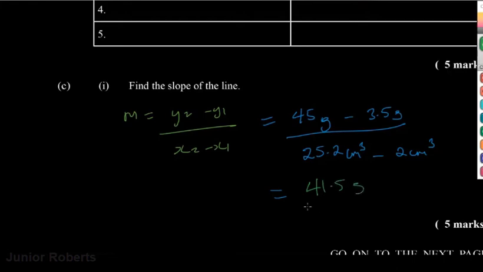And what would this be equal to? 23.2, right? 23.2 centimeter cube. So what I'll ask you to do now is to simply divide this out and tell me what you get. Our gradient m will be equal to whatever this is. Can somebody work this out for me, please?